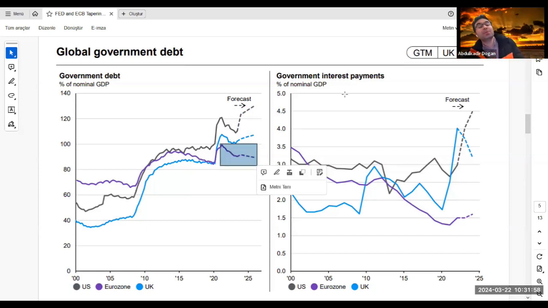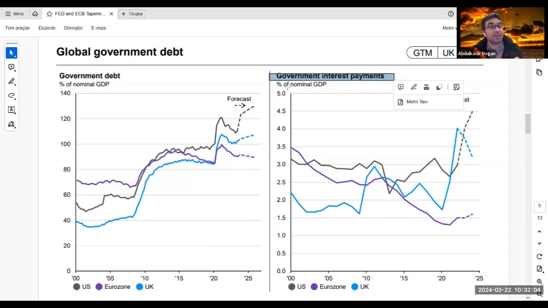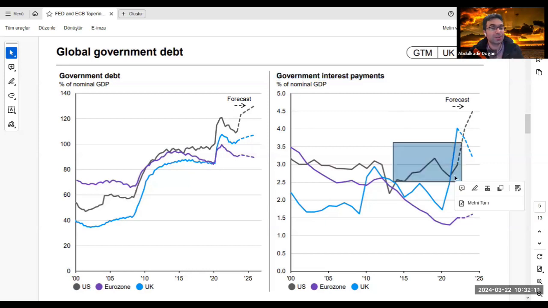And as the government debt increases, government interest payment is really huge as well as the nominal GDP, meaning that each year you are paying 3% of interest on your whole economy's public debt. And this is a huge, extremely huge amount of money.